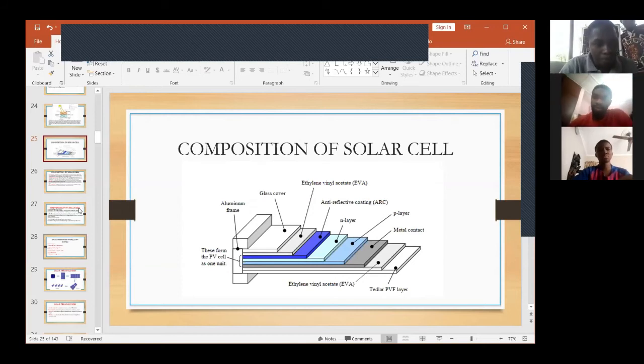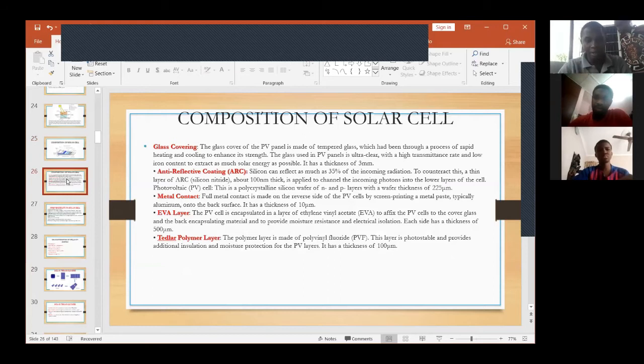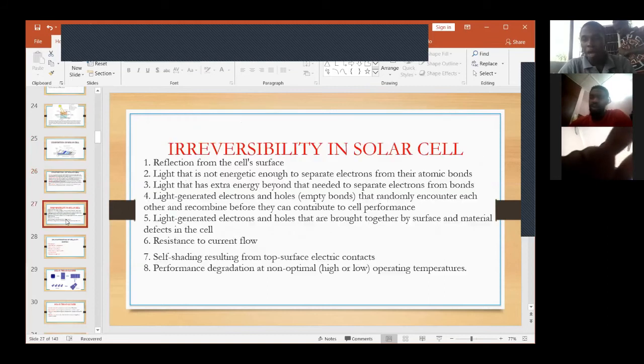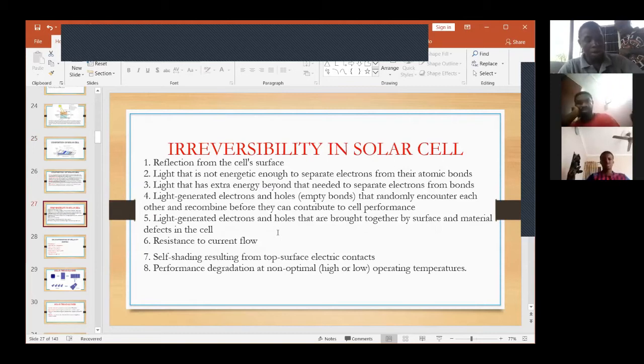All right. Everything I explained about what they do, you will find in this slide. That's what this slide is talking about. Then I need to explain this. This is one of the very interesting parts: irreversibility in solar cells. When we talk about irreversibility, we talk about what makes a solar cell not work well.